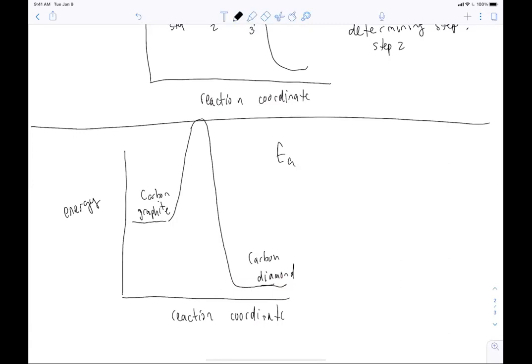So you could say E sub A. Actually, let's just talk in terms of rate. The activation energy is very high, but we've been talking about rates the whole chapter.